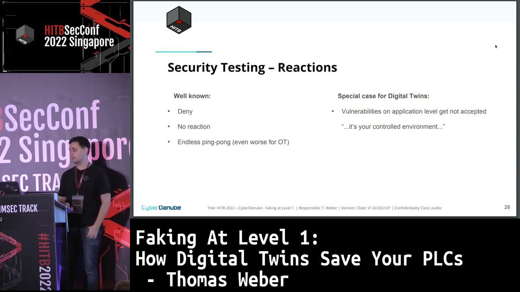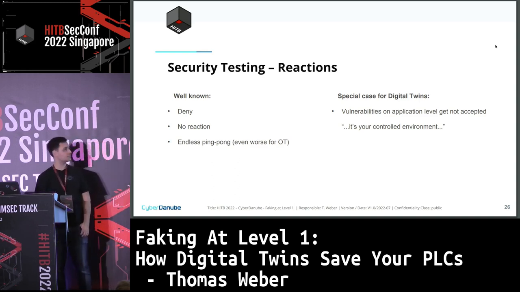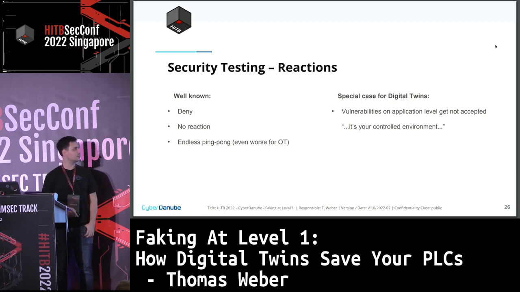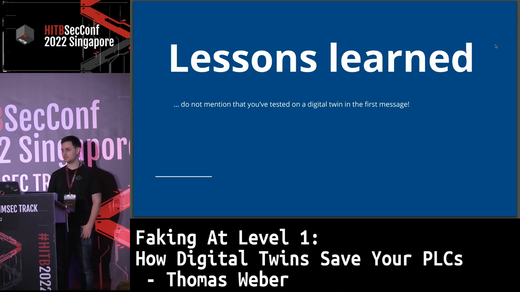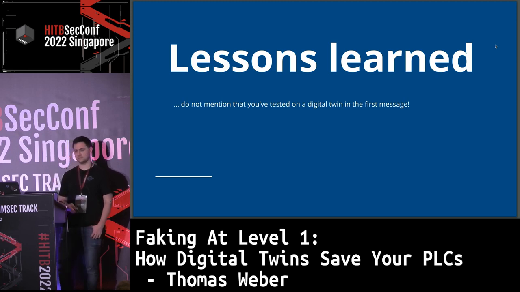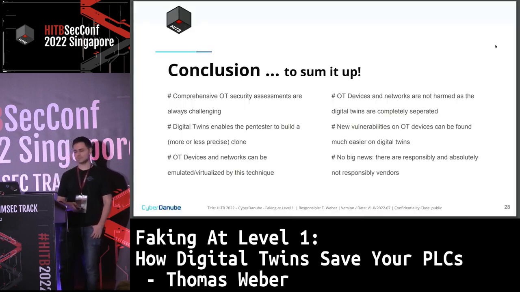And sometimes, and that's the special case for digital twins, they say, no, it's your controlled environment. So the best thing is just to not say that you have tested those vulnerabilities on digital twins, because then the vendor will just say, no, that's not possible.